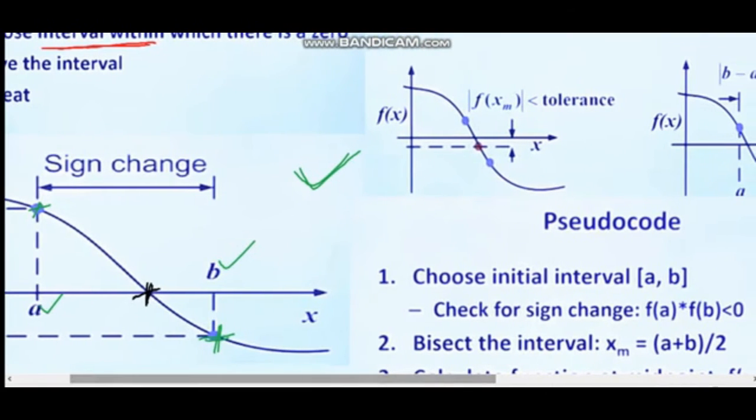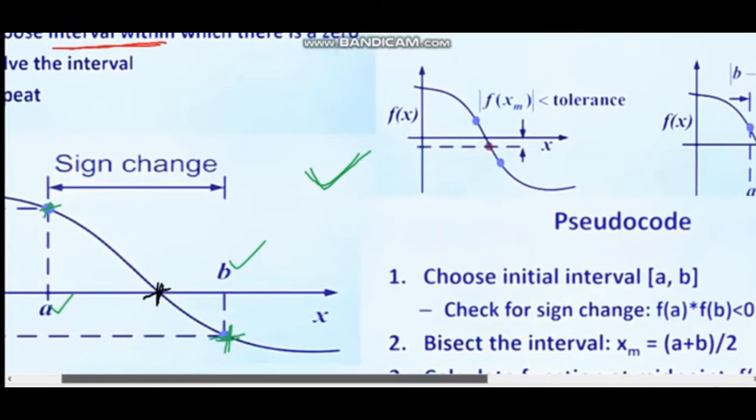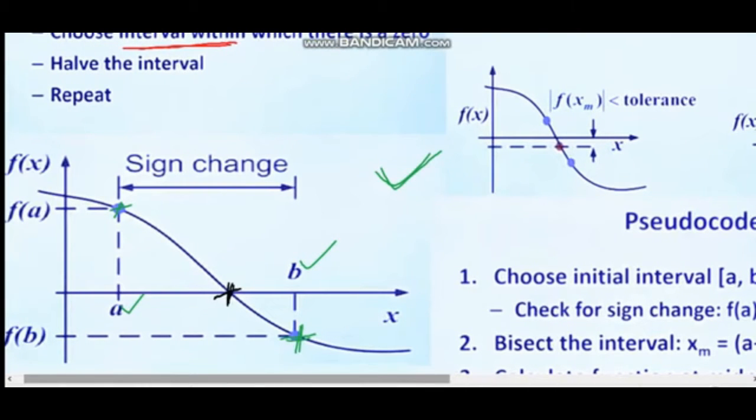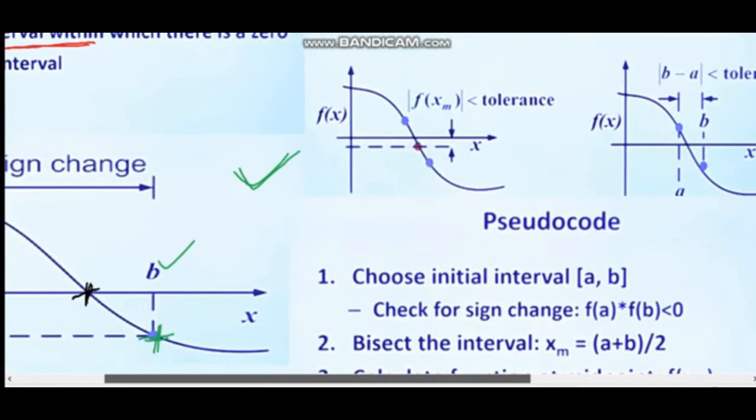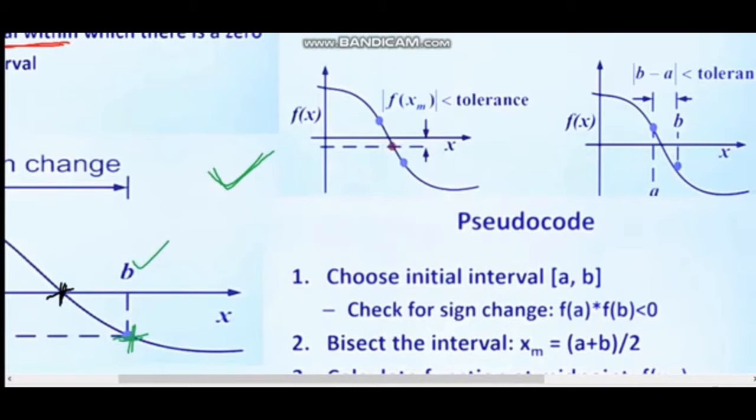Okay, so then we are actually finding out the midpoint of these 2 points, and that is a plus b by 2, and we have to find out the function value corresponding to that midpoint.